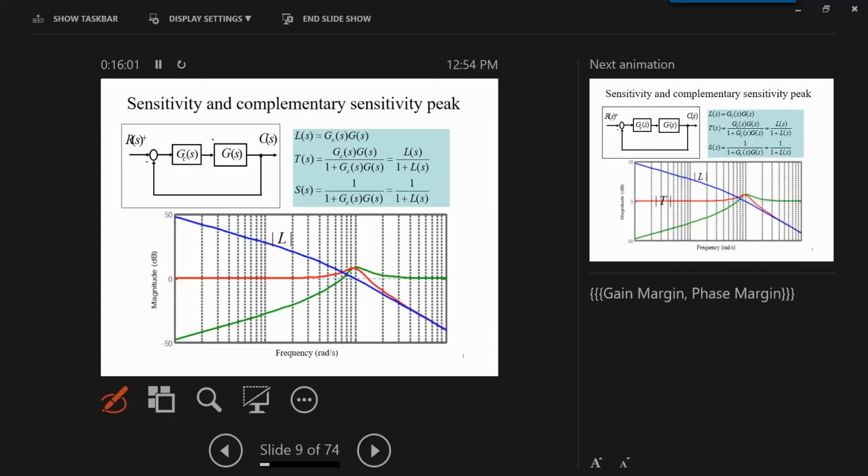And this is the open loop transfer function, and I want to name it as such. The blue line is the open loop transfer function Bode magnitude plot.